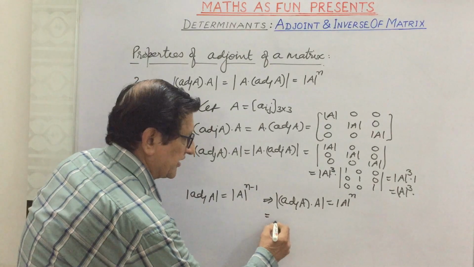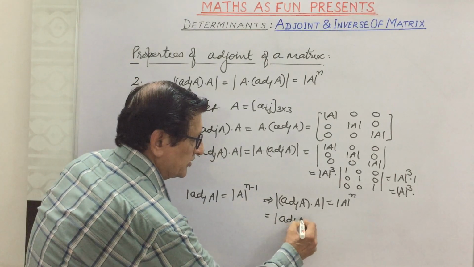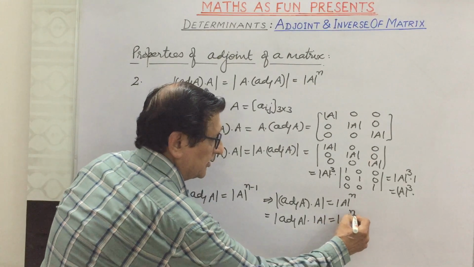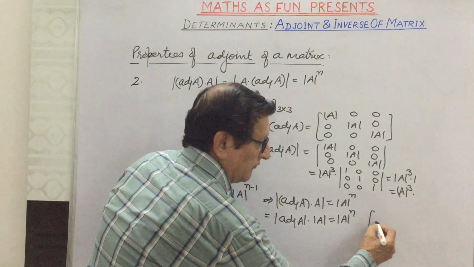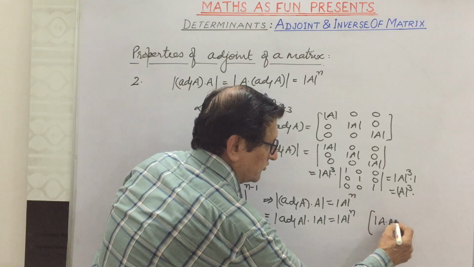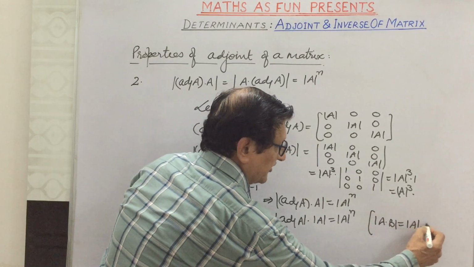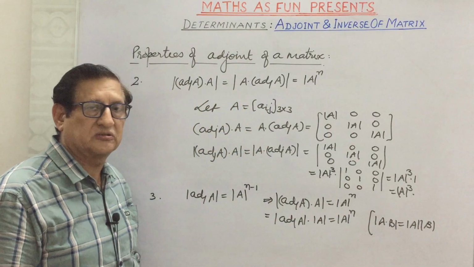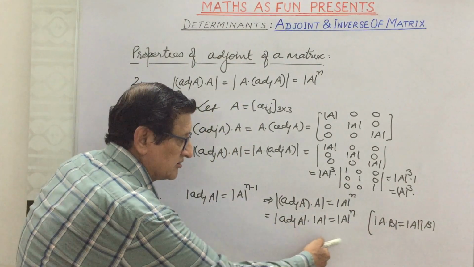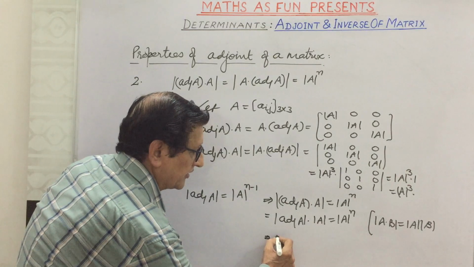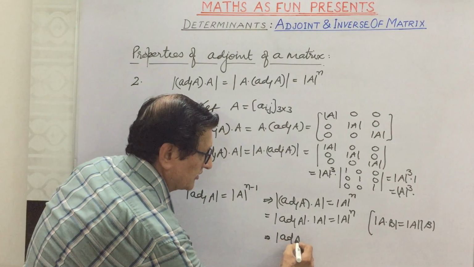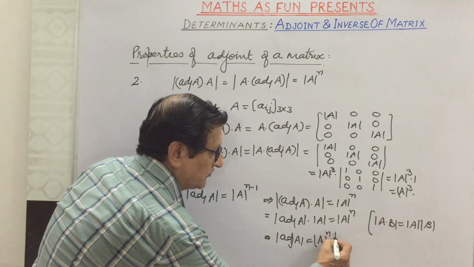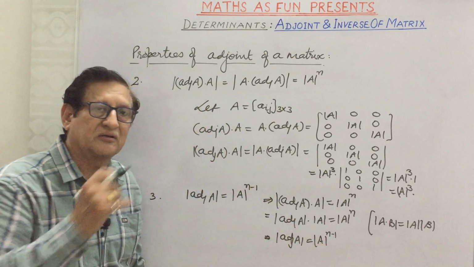We can write this as determinant of adjoint A into determinant A is equal to determinant A power n, because we know that determinant of A into B is equal to determinant of A into determinant of B if A and B are non-zero matrices. And then by dividing this determinant A here, we are getting determinant of adjoint A is equal to n minus 1th power of determinant A.